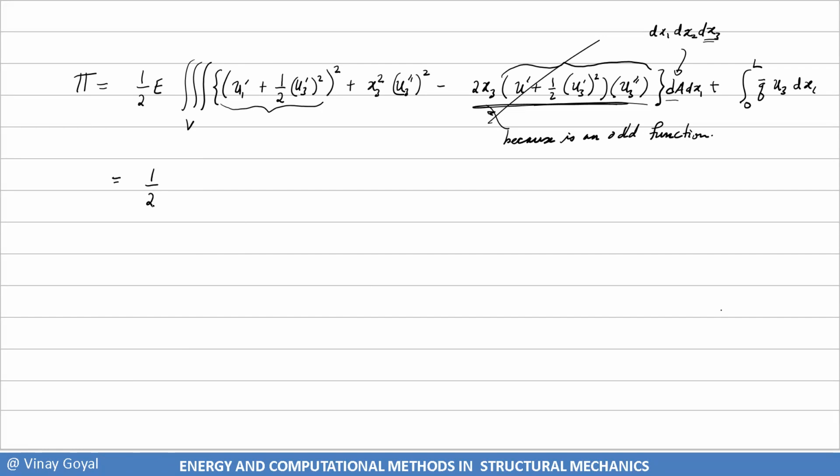And you get 1/2 integral from 0 to L of E A, now, because the integral of dA is A. And you get EA times U1 prime plus 1/2 U3 prime squared. And the double integral of x3 squared dA is the moment of inertia. So you get EI U3 double prime squared dx1. And I can bring everything together to the same integral if I wanted to.